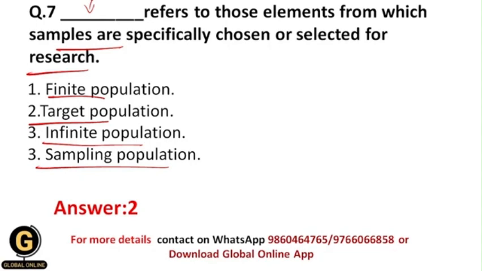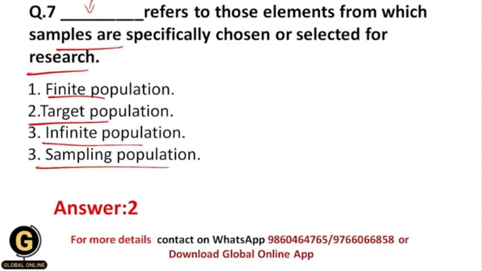That's why it would be the target population for that specific researcher, and from the target population researcher selects some samples for the study. What exactly is finite population? Finite population means we know the number of participants in the population, which has a finite number of people. What is infinite population? Infinite population includes an infinite amount of people. We don't know the exact number of people in that population. What is sampling population?